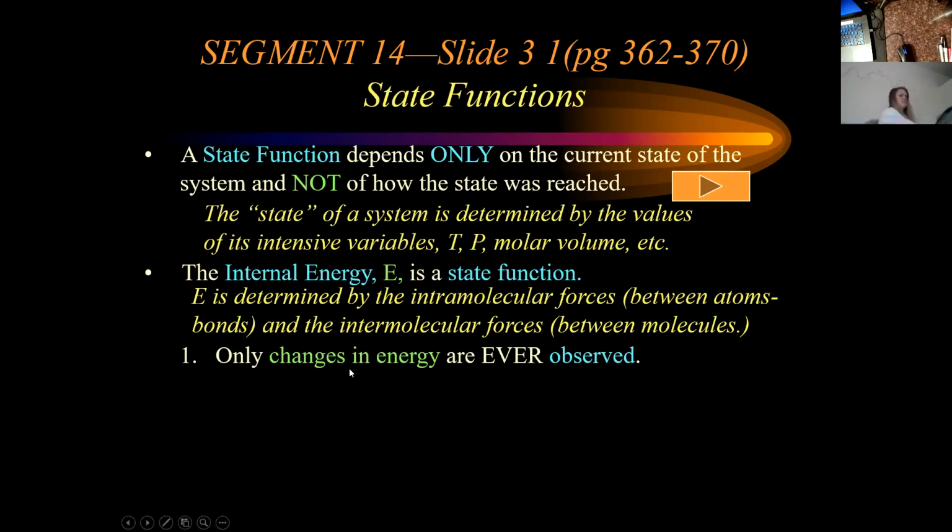Now, what about energy? One of the things you always see is energy flow. You see it go from one place to another. It's not possible to imagine any measurement you could do to tell how much energy an object has, because it's got all kinds of energy.